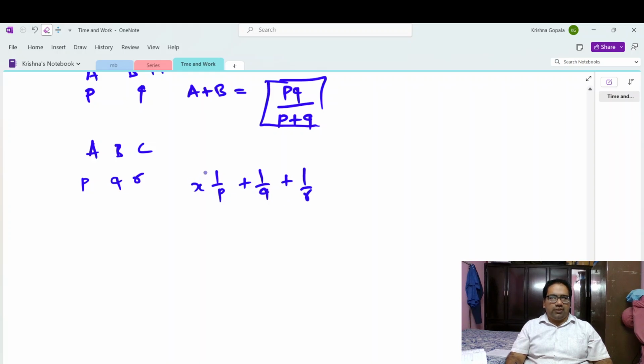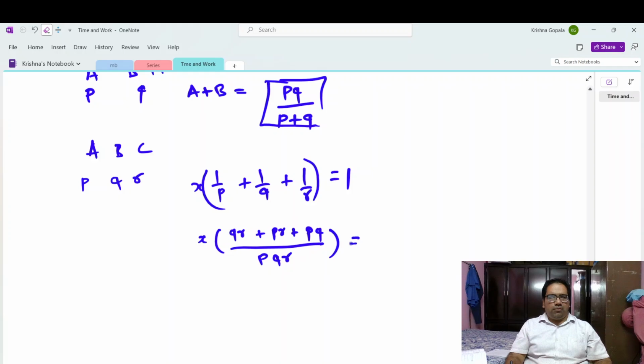If they take X days to finish the work, then X into (1/P plus 1/Q plus 1/R) should be equal to 1. That means X into (QR plus PR plus PQ) divided by PQR should be equal to 1.